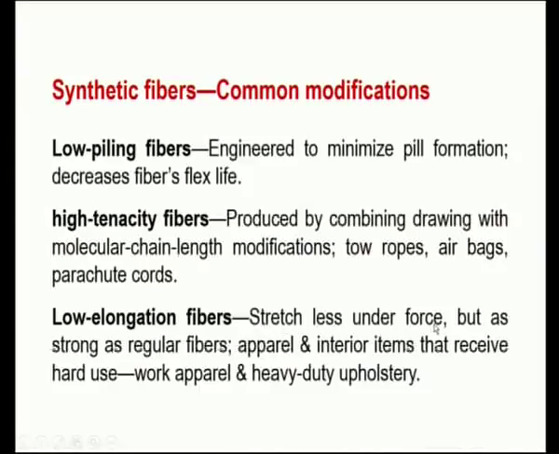Low elongation means it should not elongate or expand during stress, but is as strong as regular fibers, for apparel and interior items that receive hard use, work apparel and heavy duty upholstery. So, based on the application, we can make different types of fibers.